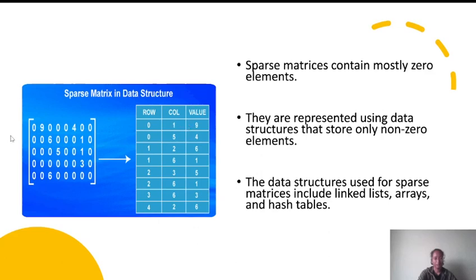This is row 0 and this is column 1. So this element is the value 9. Similarly, row 0 and column 5 has the value of 4. This makes the representation of a sparse matrix easier.